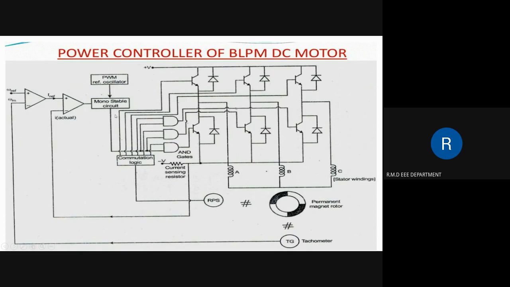The output of the monostable circuit and the signal from the commutation logic circuit influence the conduction period and the duty cycle of the lower leg devices. Thus, we are able to obtain the desired speed according to the load requirement. So, this is with respect to the working operation of the power controller of the brushless DC motor. Thank you, everyone.